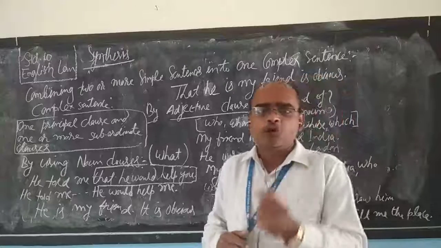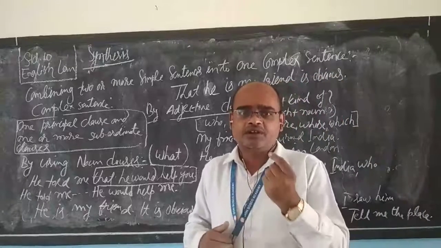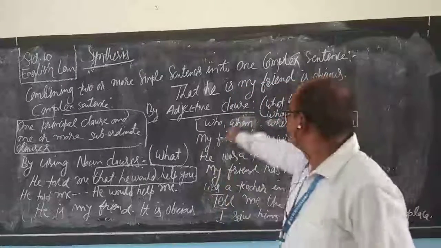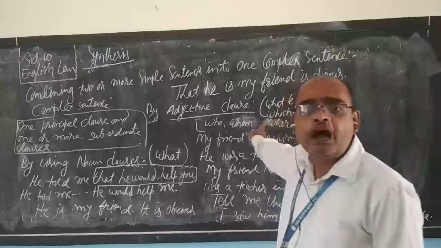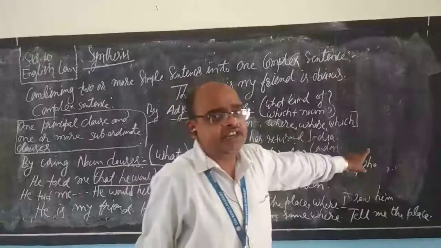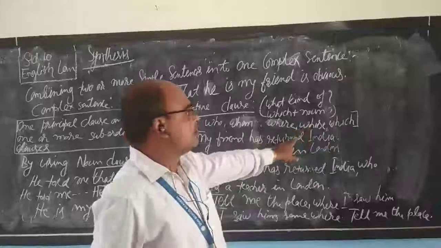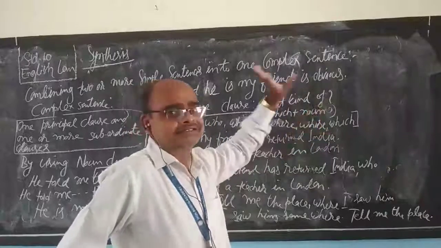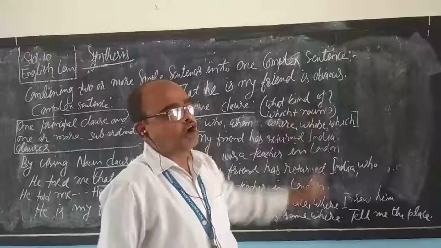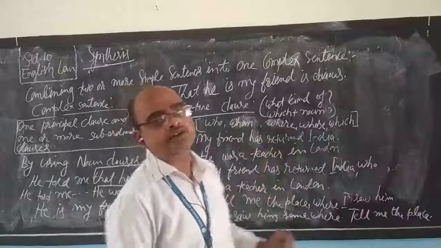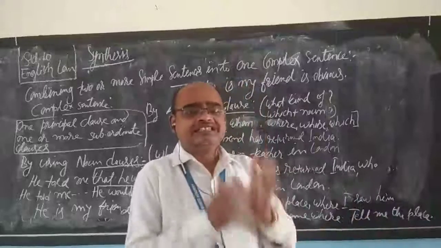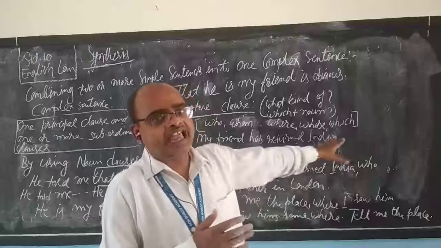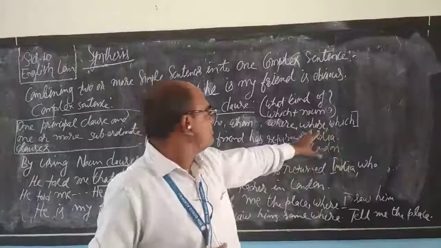There is a trick to identify an adjective clause: just ask the question which plus noun, or what kind of plus noun. The answer you get will be the adjective clause.